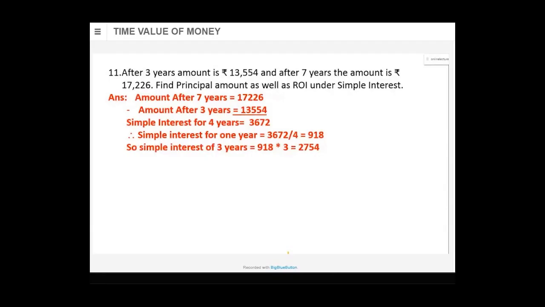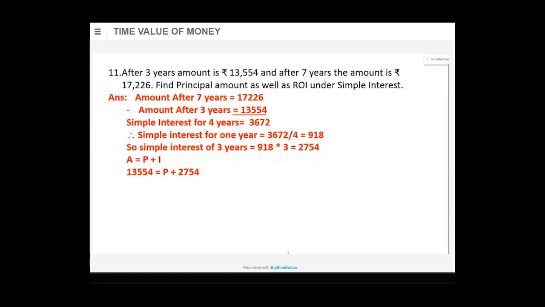So simple interest for 1 year is 918. 918 into 3 is 2754. What is 2754? Interest of 3 years. I know the interest, and I know the formula A is equal to P plus I. So what is A after 3 years?